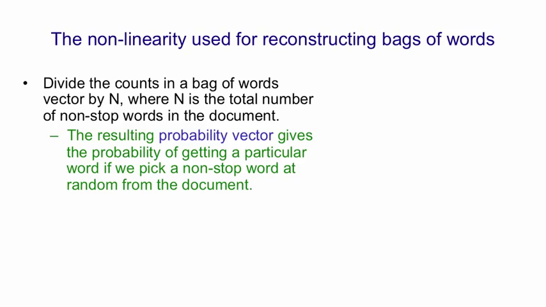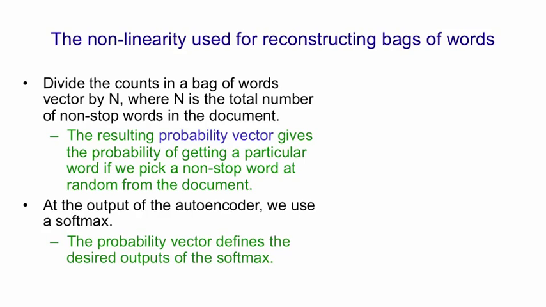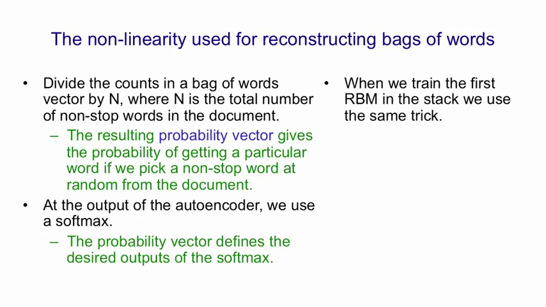You can think of it as the probability of getting a particular word if you picked a word at random in the document, as long as it's not a stop word. So at the output of the autoencoder, we're using a great big 2000-way softmax, and our target values are the probabilities of words when we reduce the count vector to a probability vector. There's one further trick we have to do.